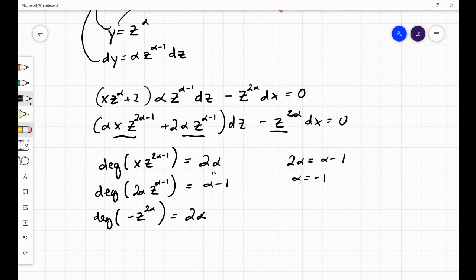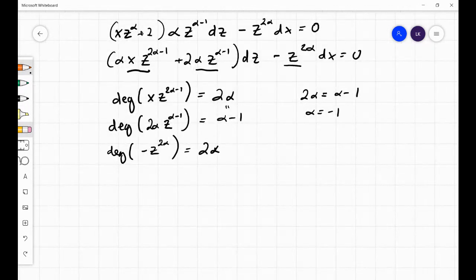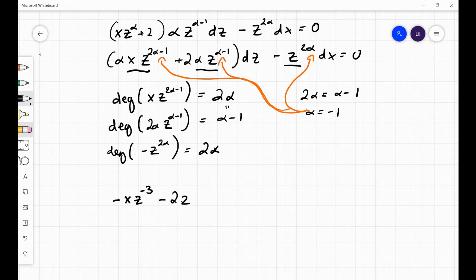So apparently, if alpha is negative 1 and we do the substitution, let's substitute for alpha equals negative 1. So the combined degree is indeed, for each term, negative 2.